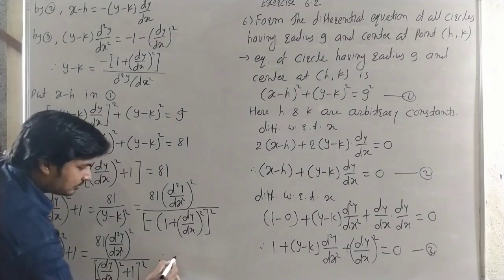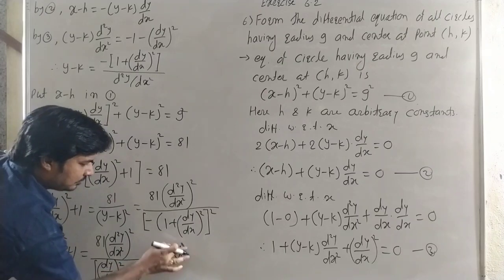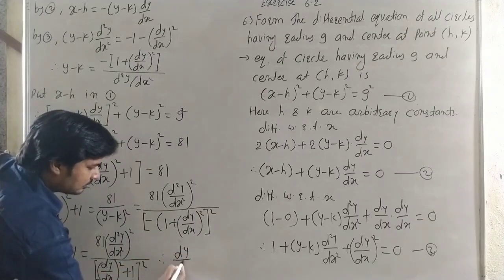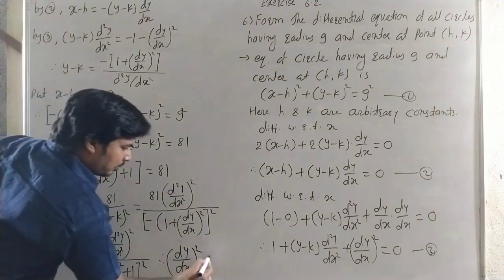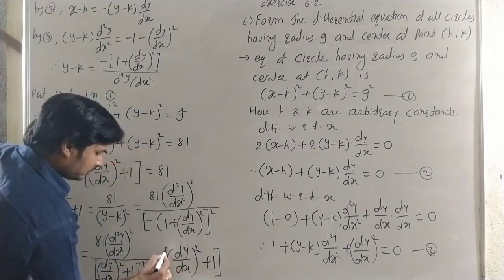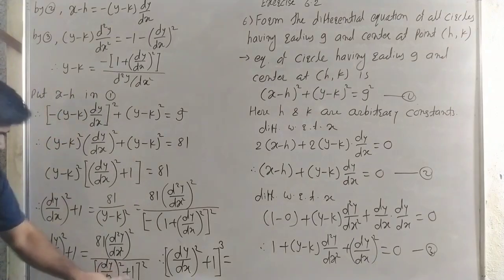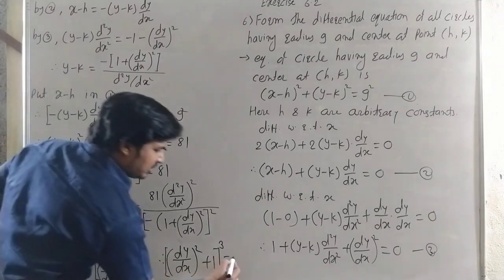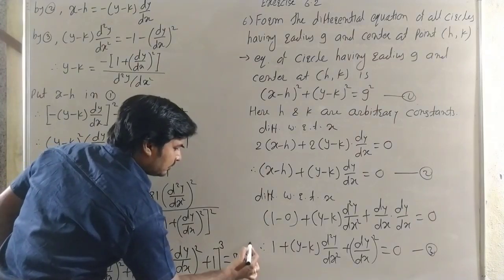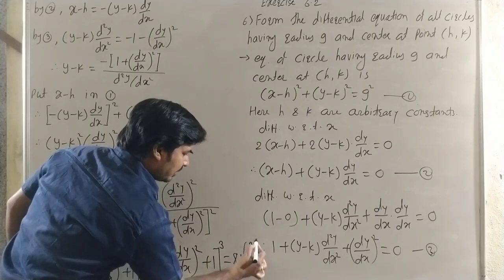Therefore our last answer: ((dy/dx)² + 1) whole cube is equal to 81 (d²y/dx²)².